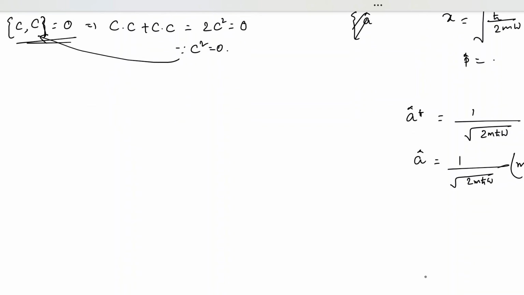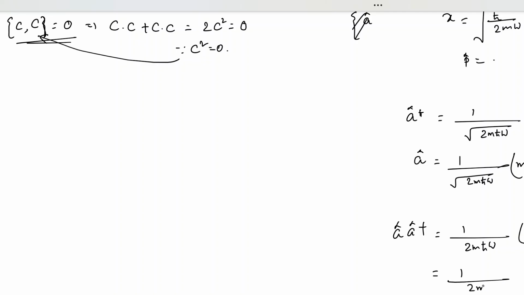So from this relation, if you want to see what a dagger a is, it is basically 1 by 2m h cut omega, and then this product has to be taken: m omega x plus ip, and then m omega x minus ip.